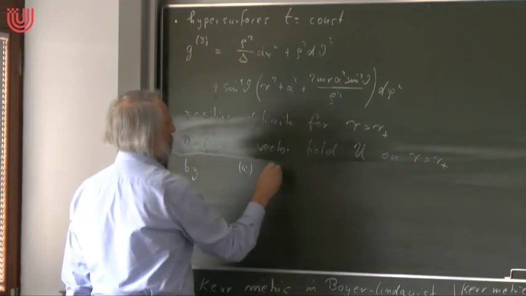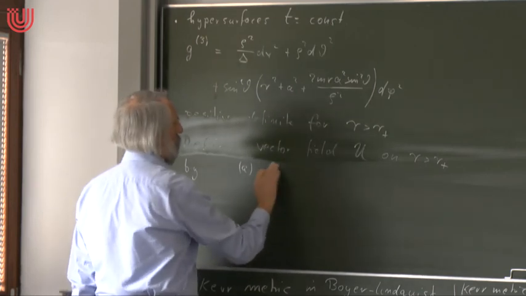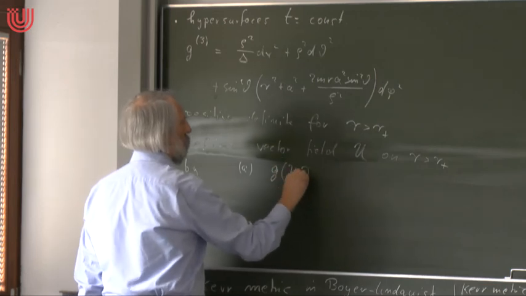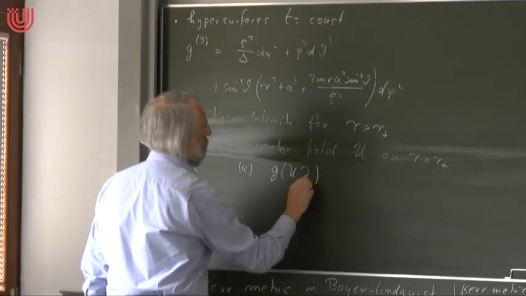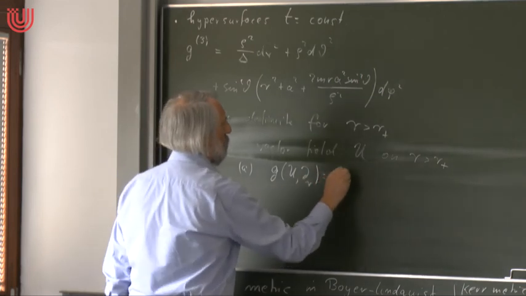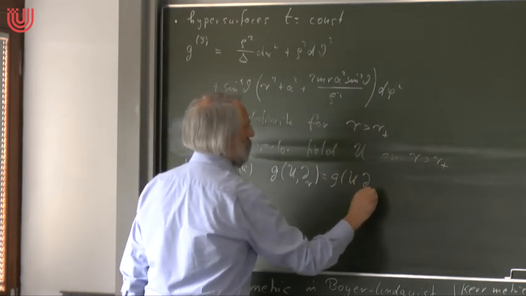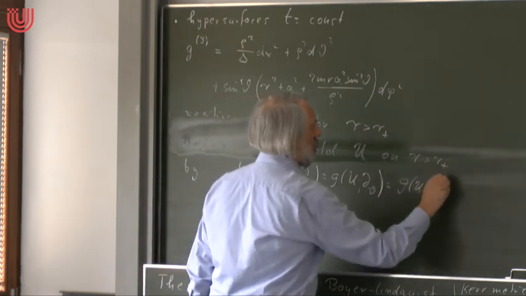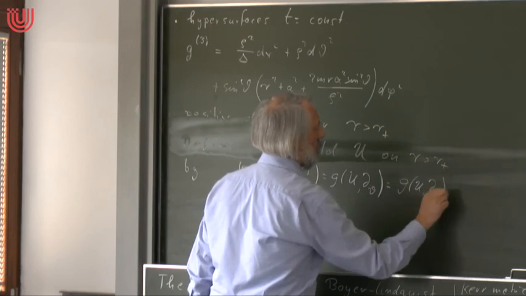The first property is that g(U, dr), g(U, d theta), g(U, d phi) is equal to 0.